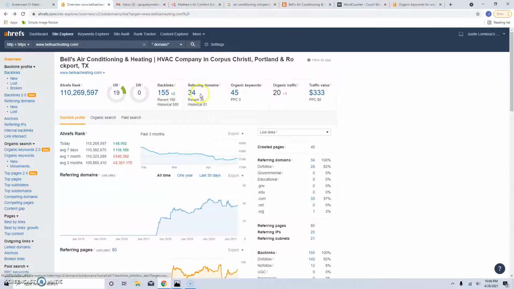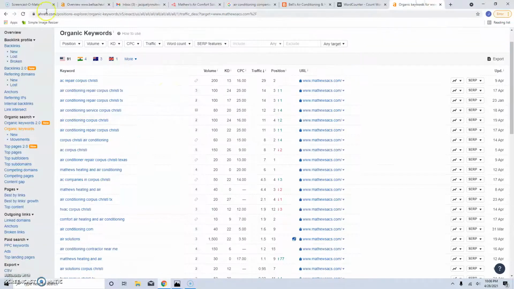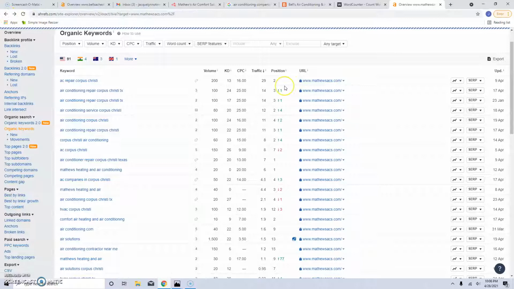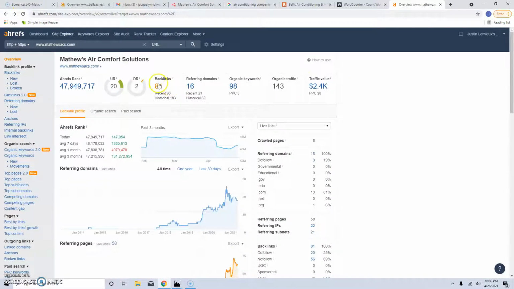For example, let's look. You have 155 backlinks from 34 referring domains. This means that 34 websites have your website linked somewhere in them 155 times. Let's go and look at their backlinks. So they only have 81 backlinks from 16 referring domains.